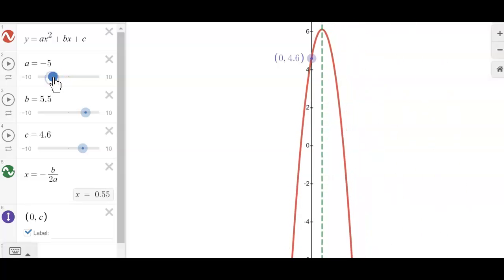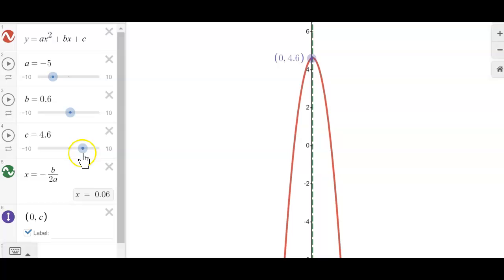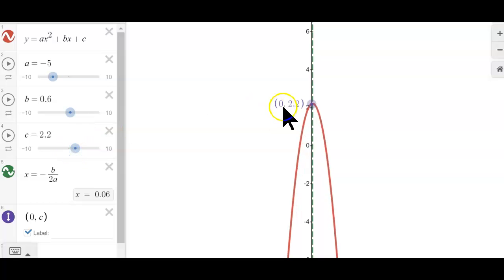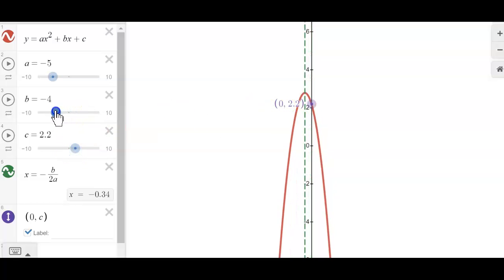So nothing else changes. This c value is super important because all you have to do to find the y-intercept is it's this number. As you change these, that c value does not change. The c value is the y-intercept, but the x-coordinate always stays 0.